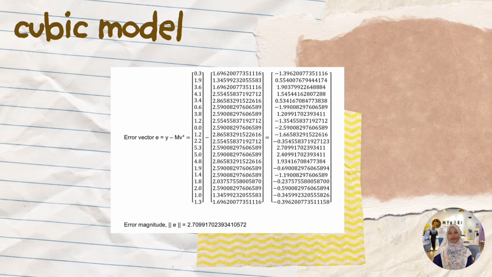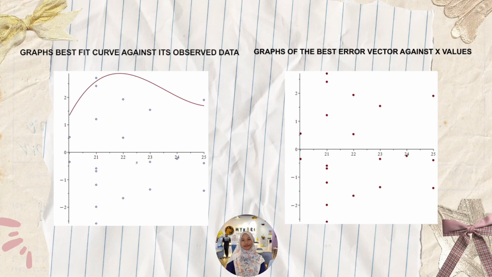Then we calculate the error vector E, which is equal to Y minus MV star. V star is the value that we just got from the calculation before this. Then for the error magnitude, we got 2.7099170239341057.